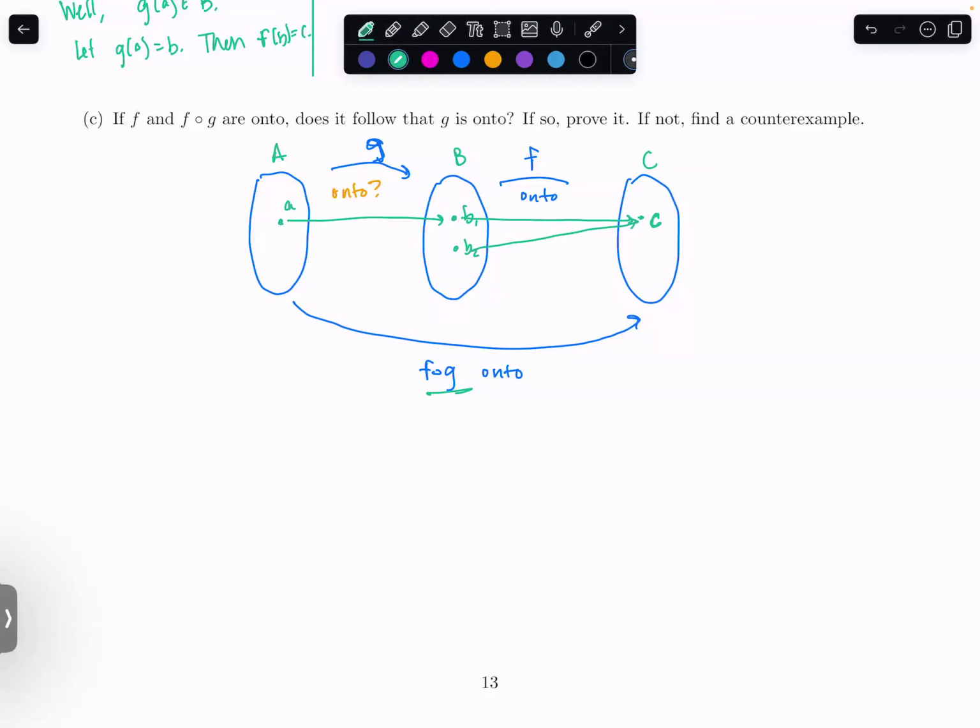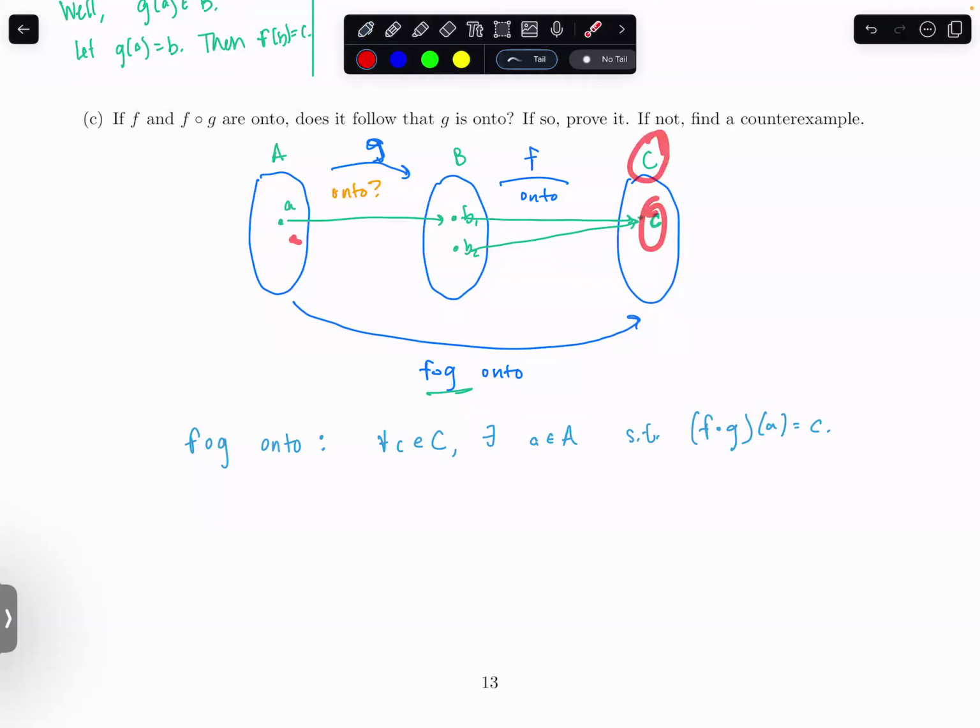All right, so for f of g to be onto, that means that for every c in C, there is an a in A such that f of g of a equals c. So does every element in our set C have a pre-image in A? Yeah, you can trace this back all the way to A, and that's fine.